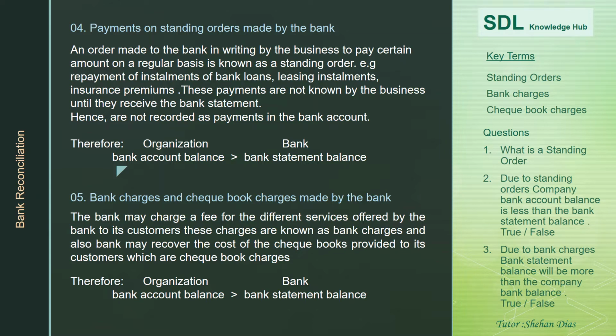So these will be deducted from the bank current account balance. Therefore, the organization's bank account balance will be higher than the bank statement balance because they are not recorded in the bank account of the organization.